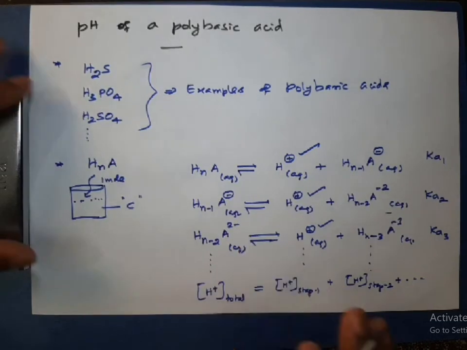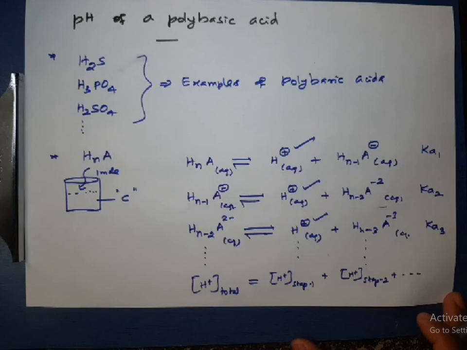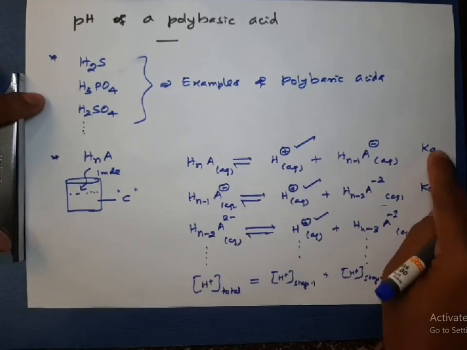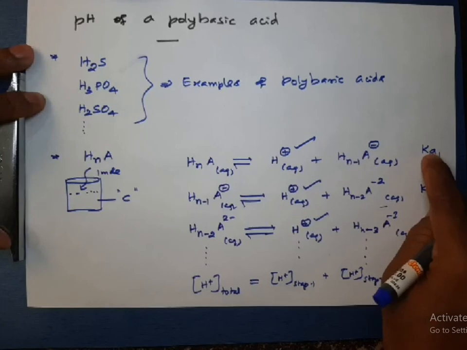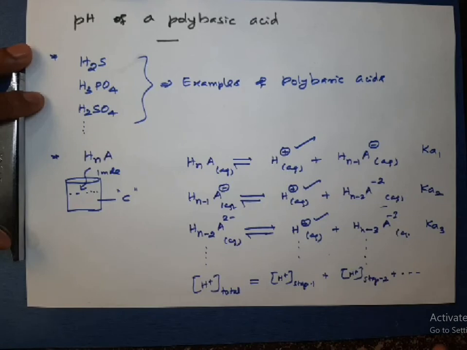But it was found in most cases that the ionization constant for the first step is extremely high compared to the other ionization constants.